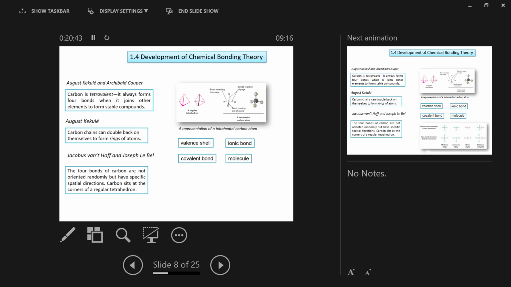Okay. Then we define the valence shell, the ionic bond, covalent bond, and molecule. The valence shell is the electrons that we have in the last shell. Those are the electrons that we will use for bonding with other atoms. An ionic bond is when we have a bond that is totally broken.